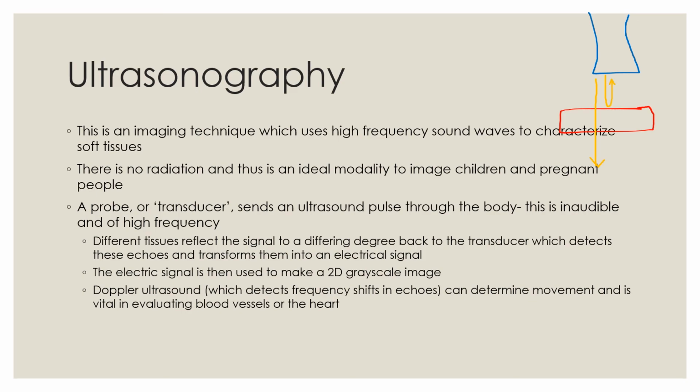And there are crystals inside this ultrasound probe which both emit ultrasound pulses and detect ultrasound pulses. The detection of the reflected waves is then transformed into an electric signal, which is then used to make a 2D grayscale image. We can also use ultrasound to determine movement, especially in the setting of assessing vascular structures.